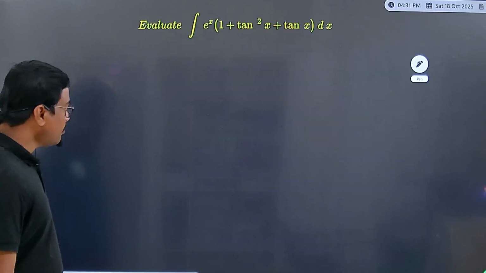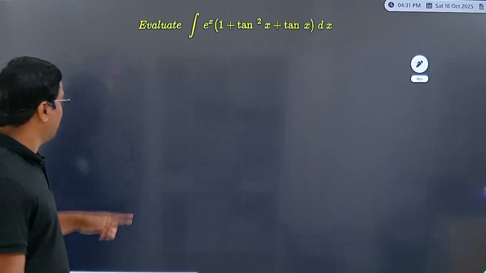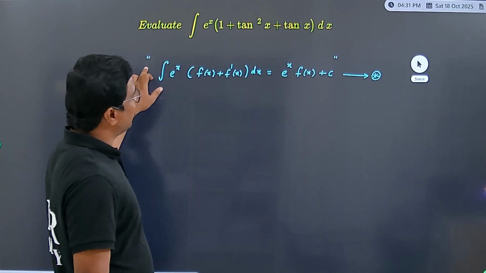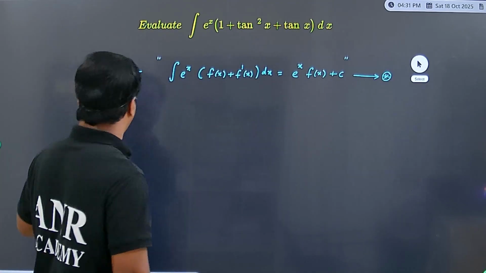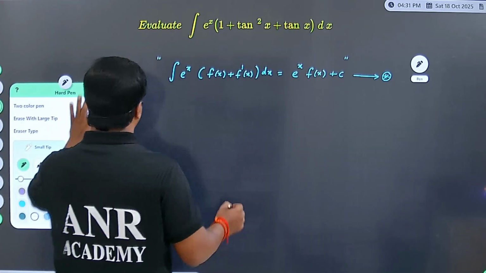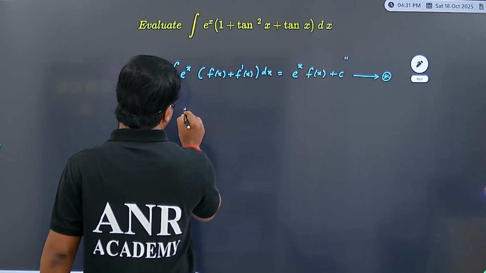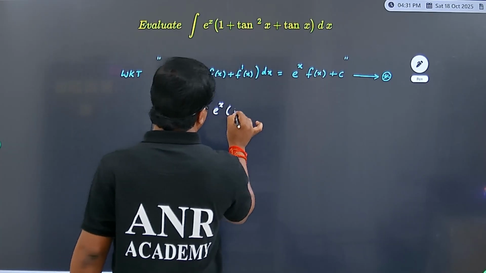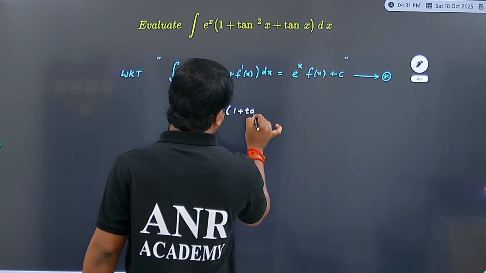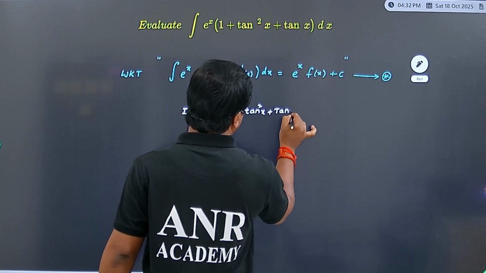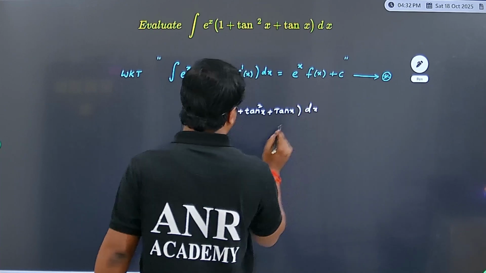Next, here the same model you have, e power x multiple is there, right? Suppose that I equal to integral e power x into 1 plus tan square x plus tan x dx.